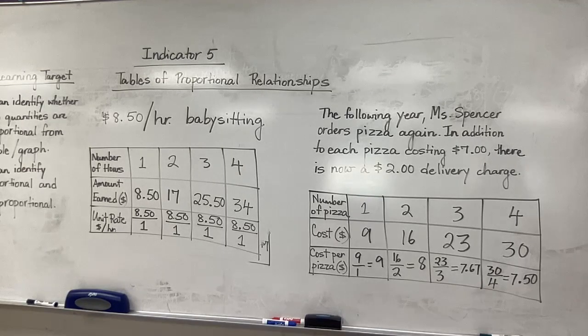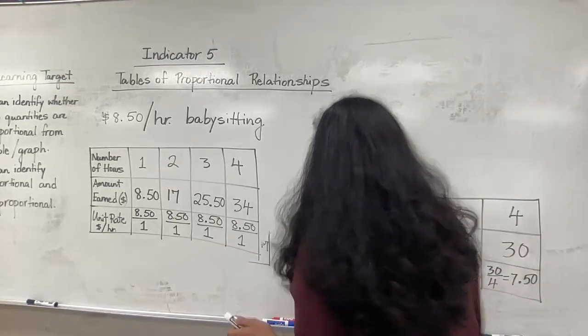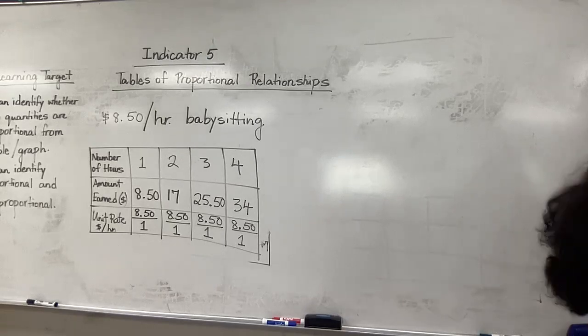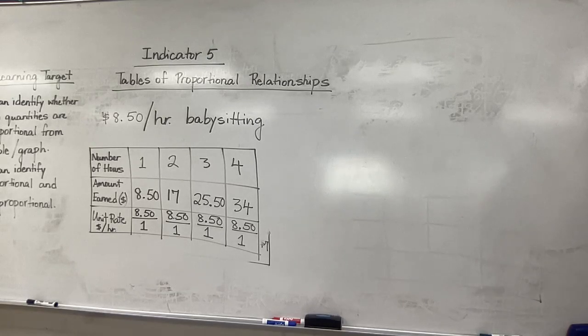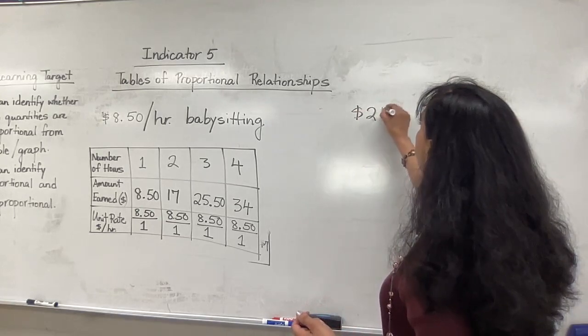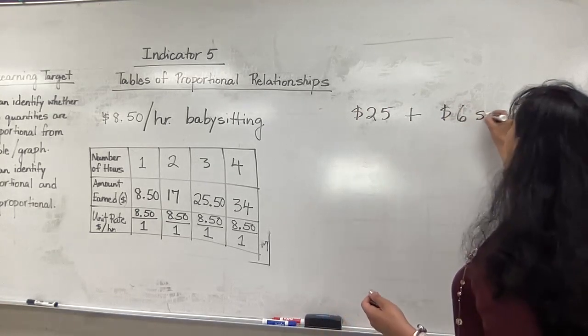Let's talk about a problem where a ticket agency is charging a $6 service fee for any order. Okay, and each ticket is costing $1.25 plus a $6 service fee.